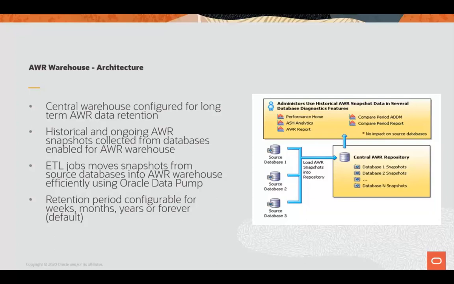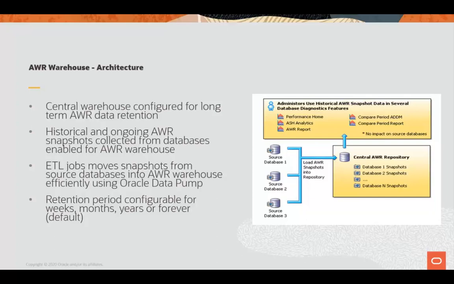These source databases are configured in Enterprise Manager, and Enterprise Manager has ETL jobs. The functionality of these ETL jobs is to go to these source databases, extract this AWR data, and import the data into your AWR Warehouse. This is using Oracle Data Pump in the background, right?